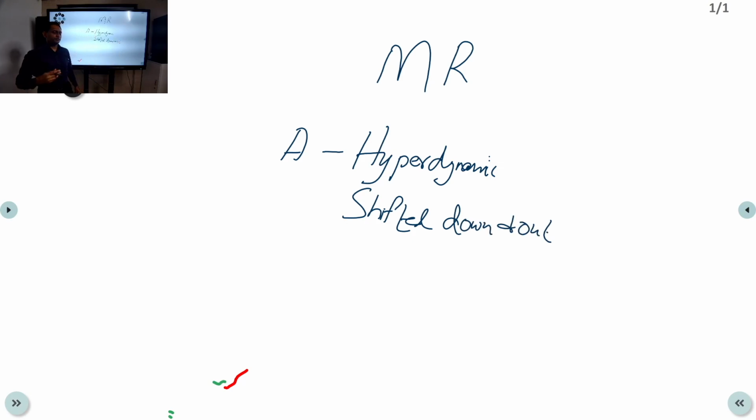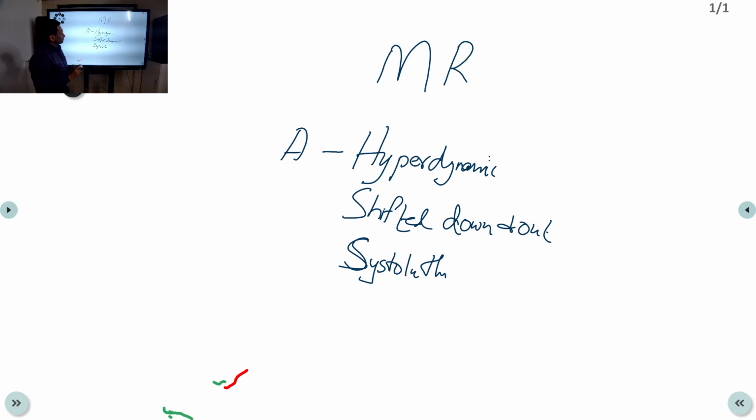So rather than the fifth intercostal space, it's going to be the sixth or seventh and lateral, shifted down and out. Hyperdynamic apex. A systolic thrill can be present in the mitral area. So the apex, I've told you: hyperdynamic, shifted down and out, systolic thrill.